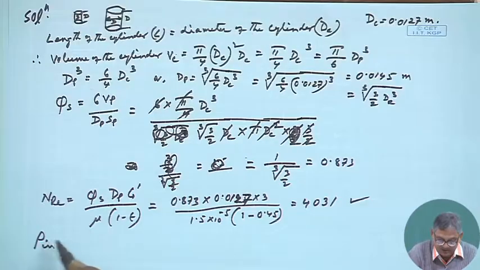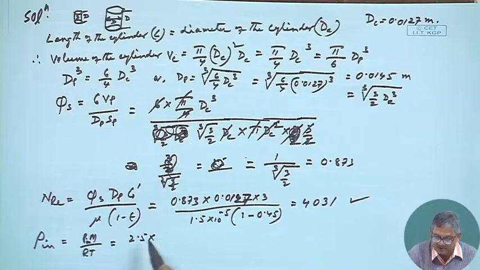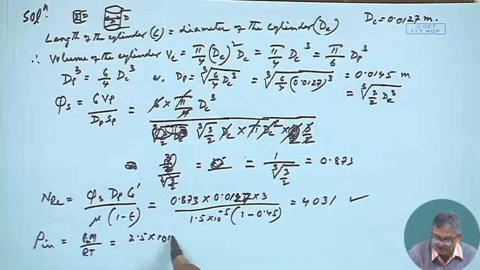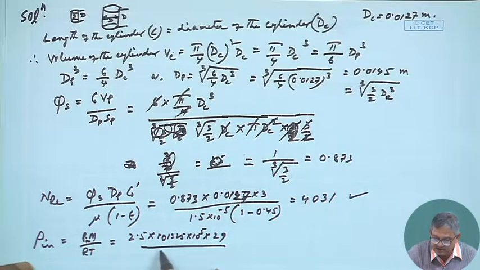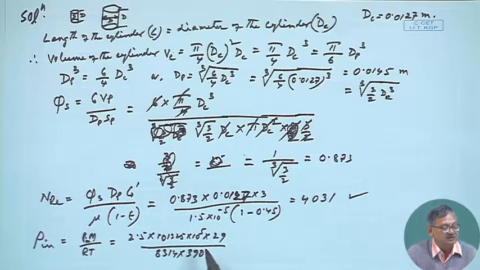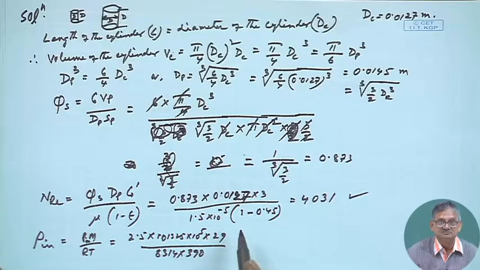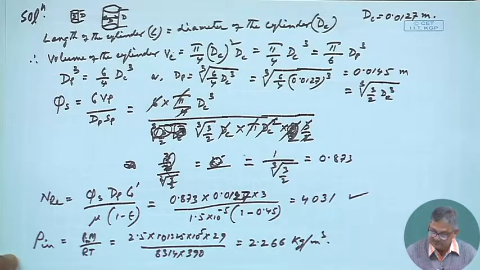So rho inlet is equal to P M by RT, that is, P inlet by RT, equal to 2.5 atmosphere, 1.01325 × 10 to the power 5, M is 29, R is 8314, and T given is 390. So it comes to be 2.26 kg per meter cube.